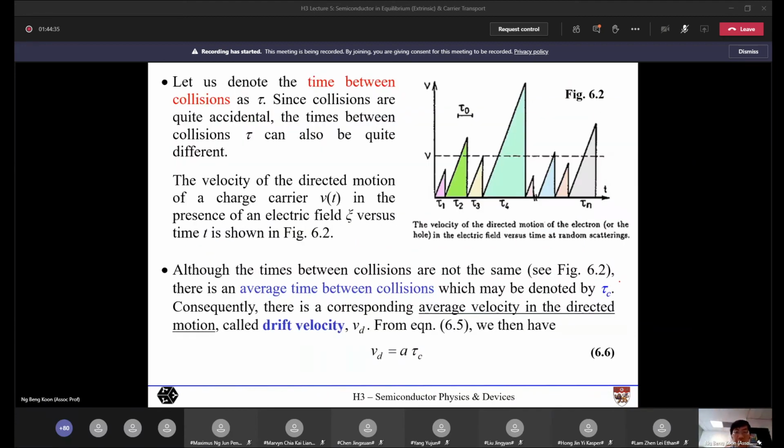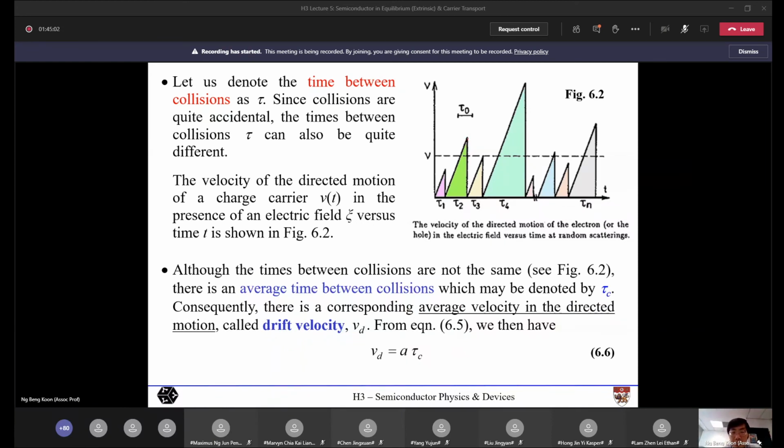If you plot a graph of how this velocity changes with respect to time, you could get a graph like this. The directed velocity increases, and then when you encounter a collision, on average the velocity is set to 0. Then you are directed in the direction of the electric field again and you accelerate.